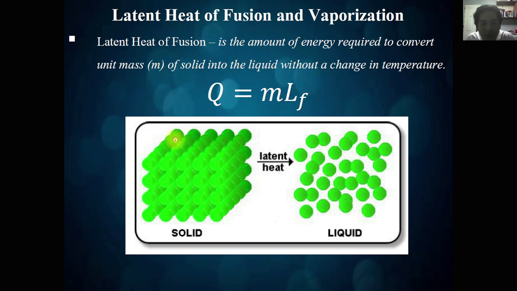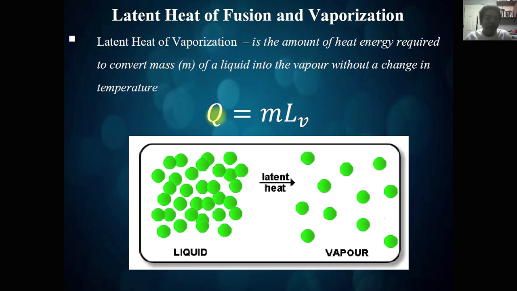It has the formula Q equals the mass times the latent heat of fusion. Latent heat of fusion for different materials occurs in various numbers. For example, water, iron, everything has a specific latent heat of fusion, and that is from solid to liquid.